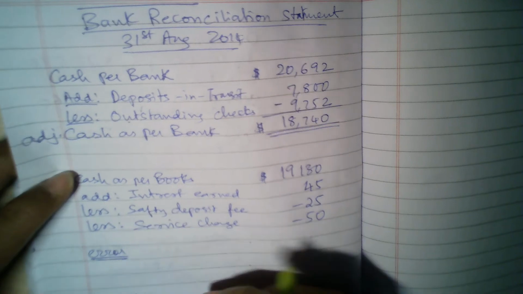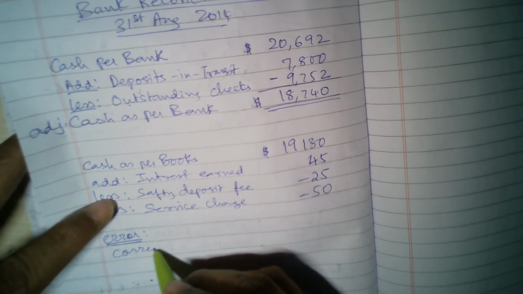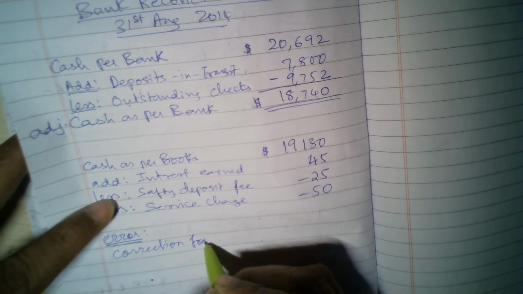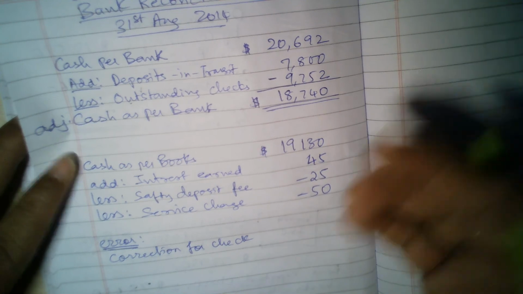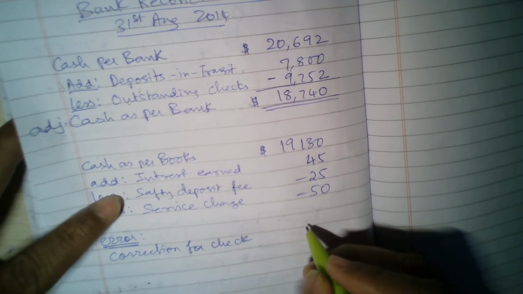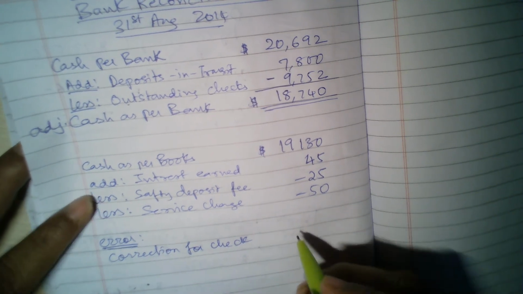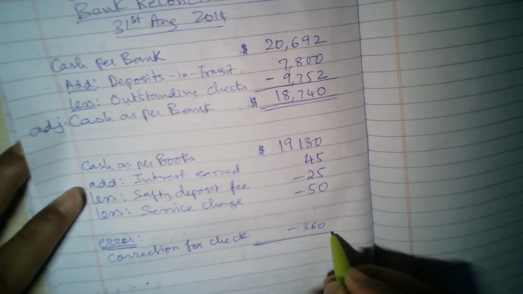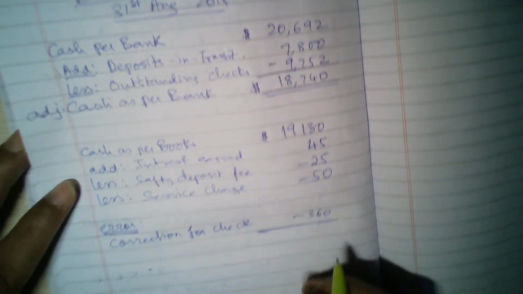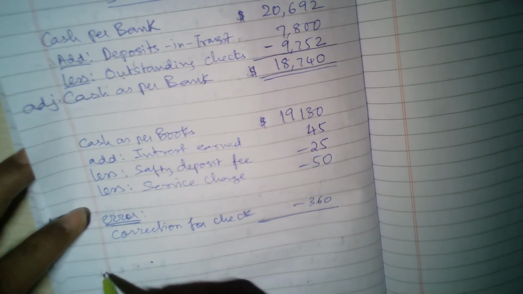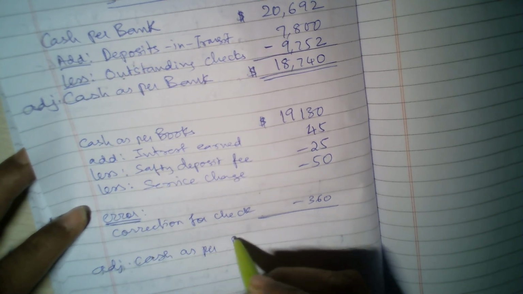So correction for check: I have to pay more according to this, so minus 360 will be the correction that I need to make here. So minus 360. Now I have the total, and here I will be getting adjusted cash as per books.